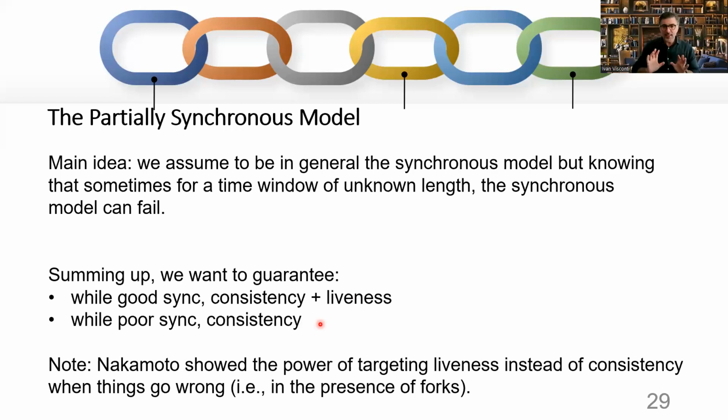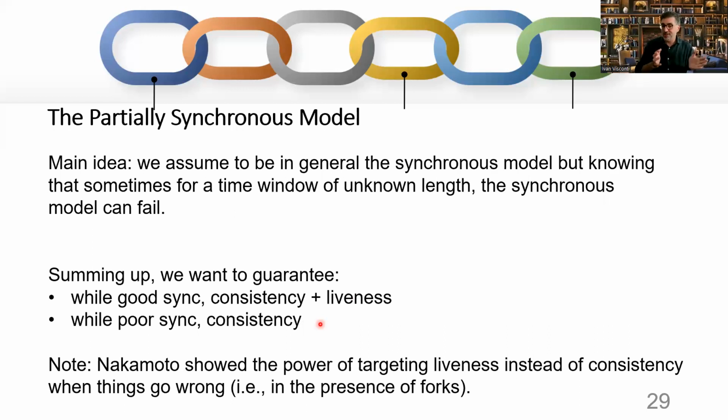Okay, what is very interesting is that everything I said so far was about a long time ago. But Nakamoto, which is what happened more recently, had a brilliant idea: to consider the case in which, during poor sync, while the network is under attack, it actually makes sense.